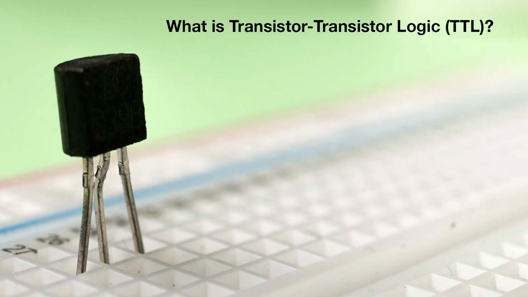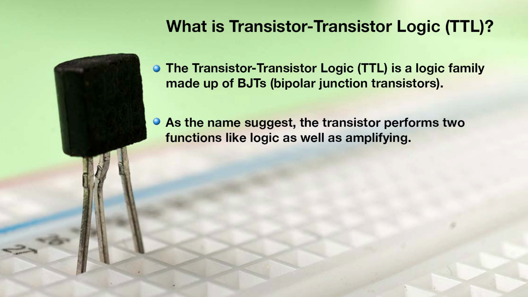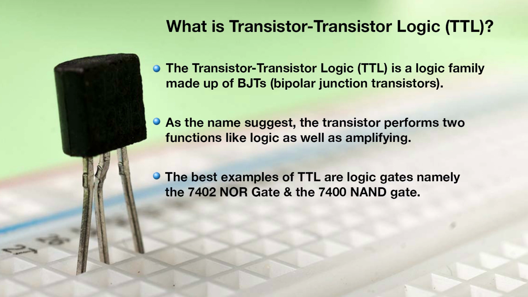What is transistor logic? Transistor-transistor logic, TTL, is a logic family made up of BJTs, bipolar junction transistors. As the name suggests, the transistor performs two functions, logic as well as amplification. The best examples of TTL are logic gates, namely the 7402 NOR gates and the 7400 NAND gates.